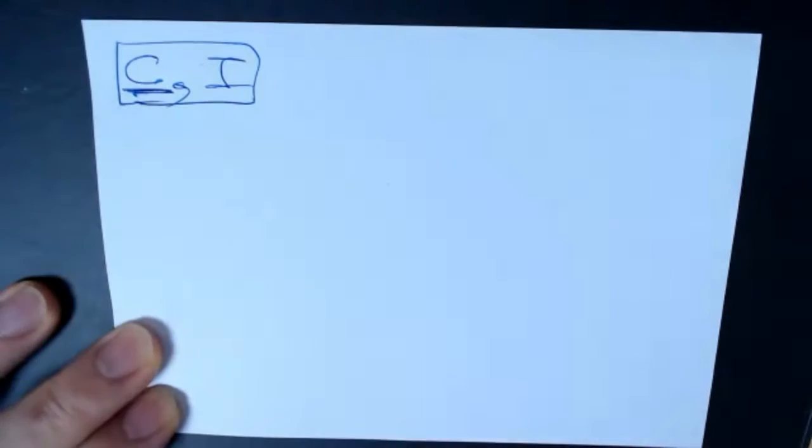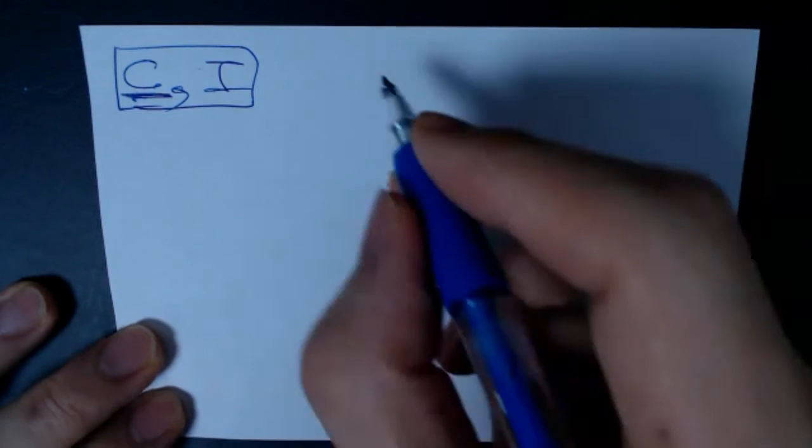Okay, so next we're going to talk about C and I. At first, we're going to talk about C and then find the equilibrium, and then add investment on top of that and find the equilibrium again. So the process would be like that. We're going to talk about what C is.